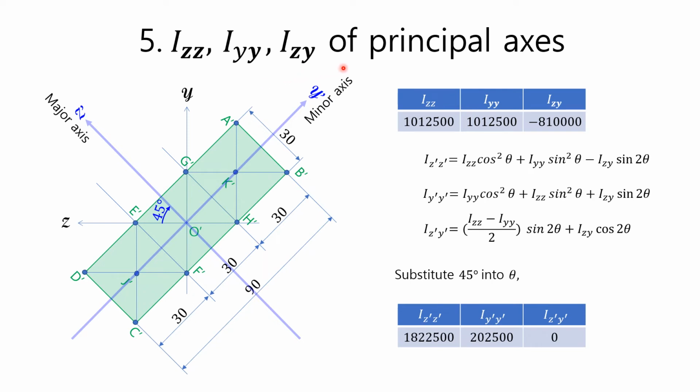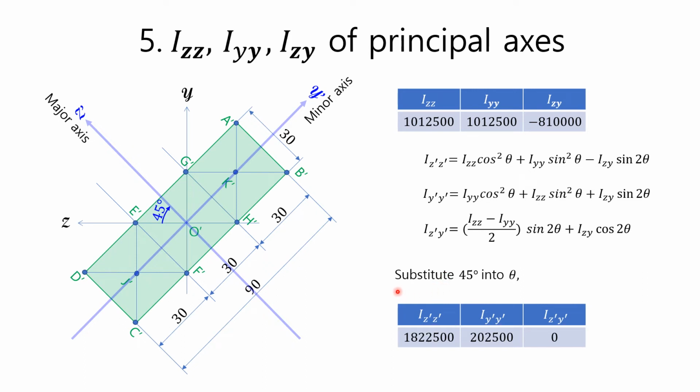The fifth step is to calculate the second and the product moment of area about the principal axis by substituting one of the previously obtained theta p1 or theta p2 into the three well-known formulas. We can calculate the second and the product moment of area about the principal axis z prime y prime.